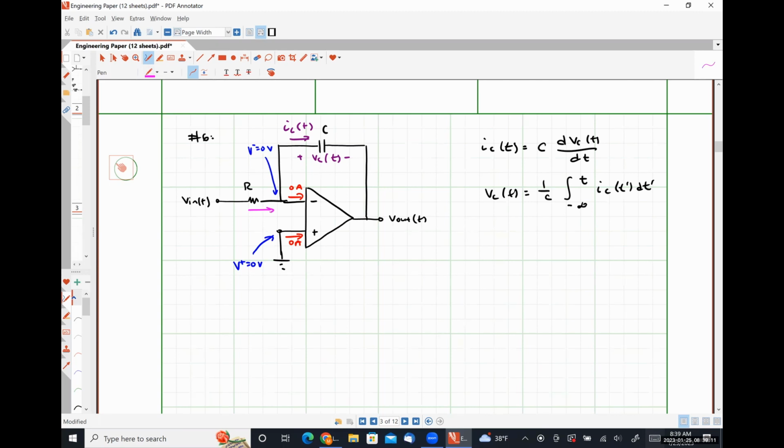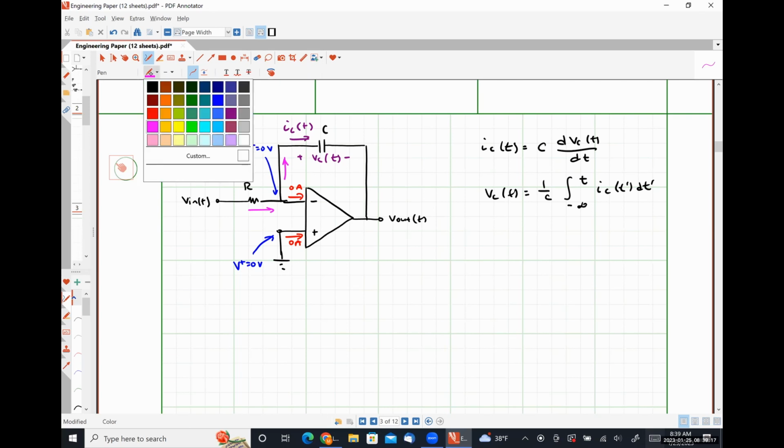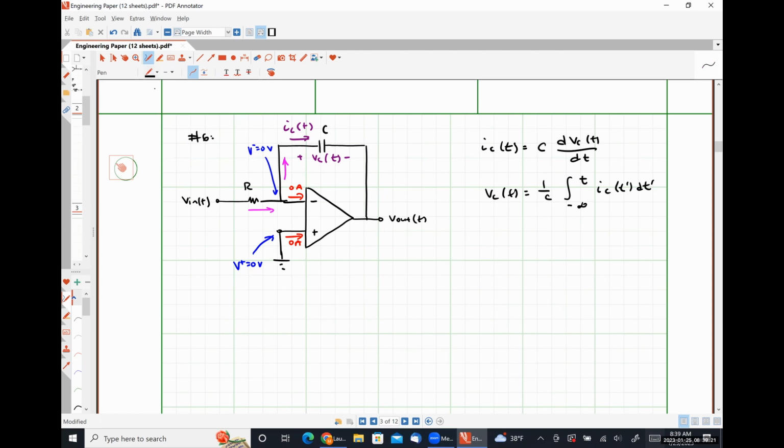This current will be equal to this current. So my current flowing from left to right through resistor R is Vn minus 0 over R. And my current flowing out is IC of t.